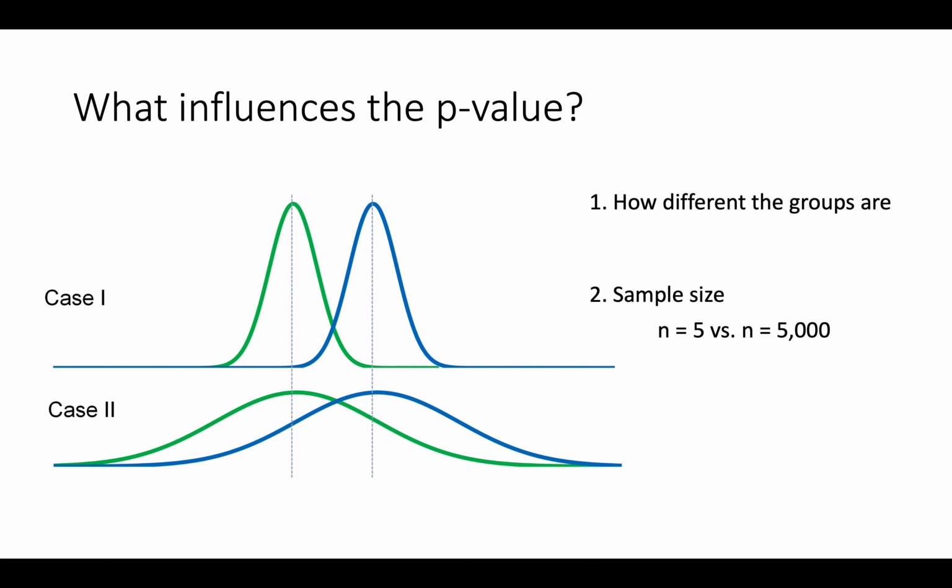That's not going to be a very good representation of the entire United States population by sampling 5 people, right? So if you sampled 5,000 people, then we'd be like, yes, we're very confident that these two groups are actually different. And so the higher the sample size, the more confident we are in our results, which is the lower the p-value is. So hopefully that wasn't too confusing.